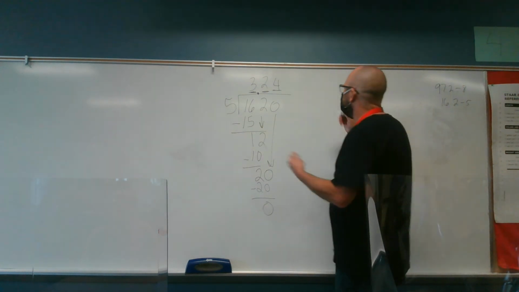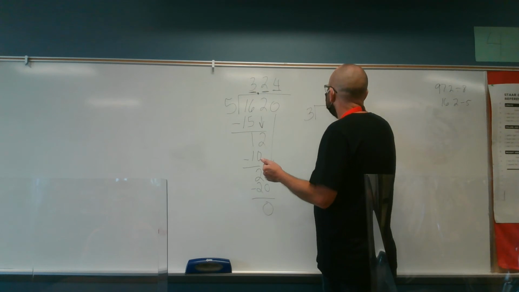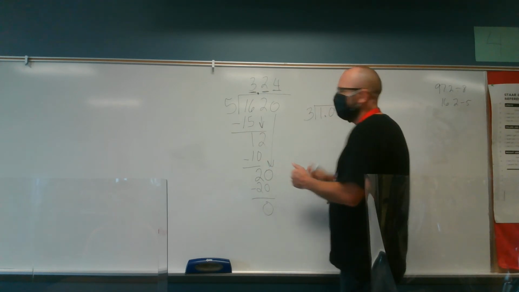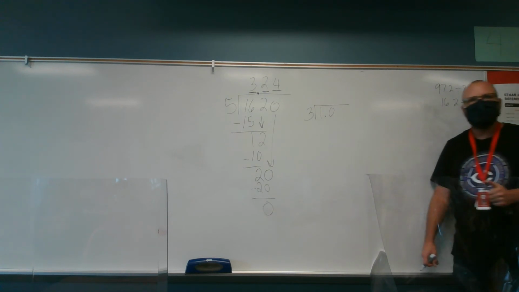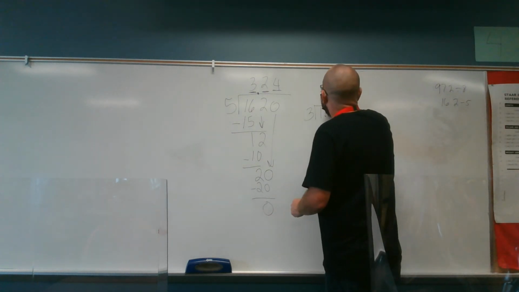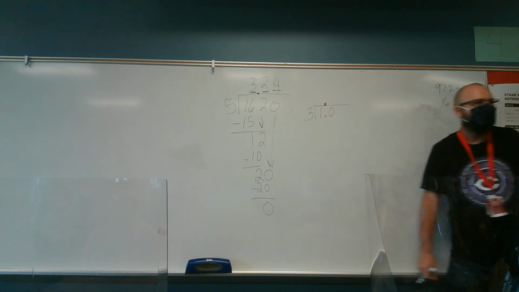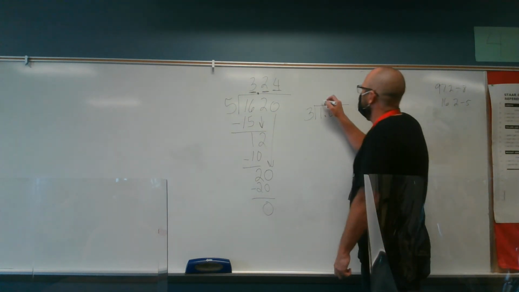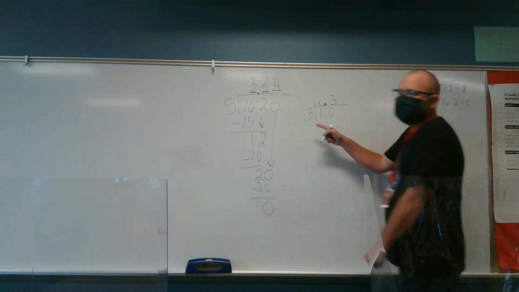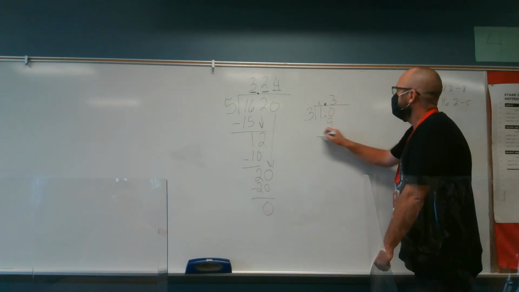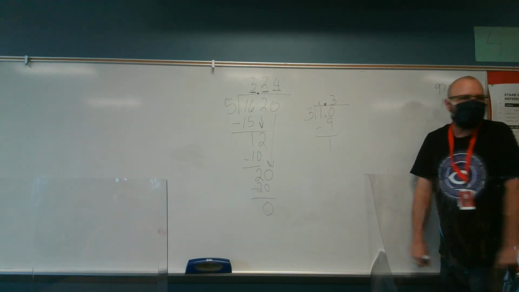So if we had, let's say, this problem, 1 divided by 3, and I move my decimal point straight up, and I see that 3 doesn't go into 1, but 3 goes into 10 3 times, and I get a 9, I subtract, and I get 1.